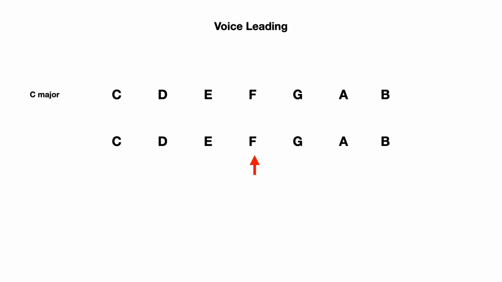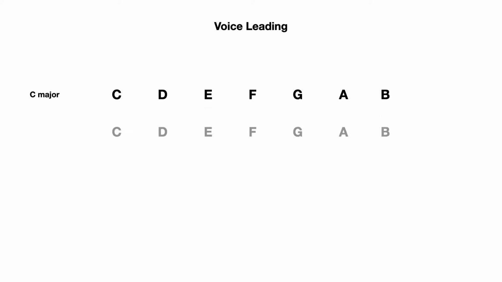So let's raise the F. We can raise that F to F sharp, and this new scale would actually be G major. If we start on C, this is actually called C Lydian, but we're going to shelve that for right now. So we can move from C to G major through voice leading.